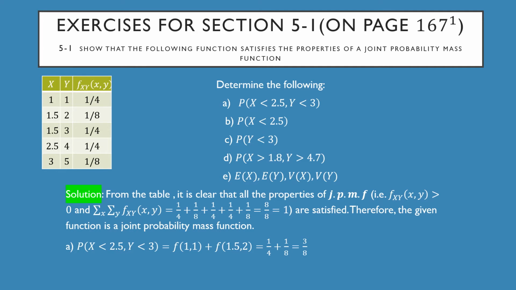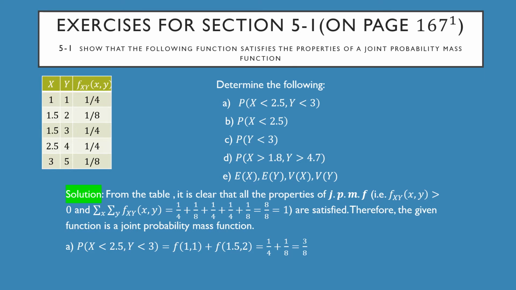So let us now answer question number 1 given in the exercise for section 5.1 on page number 167. I am going to read the question, as I usually say, that first of all understand the nature of the question and then start your answer.